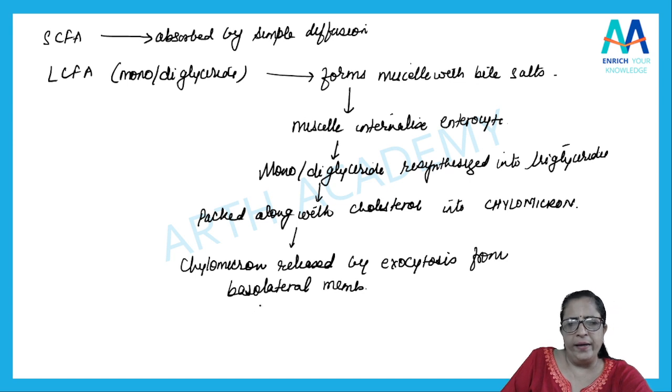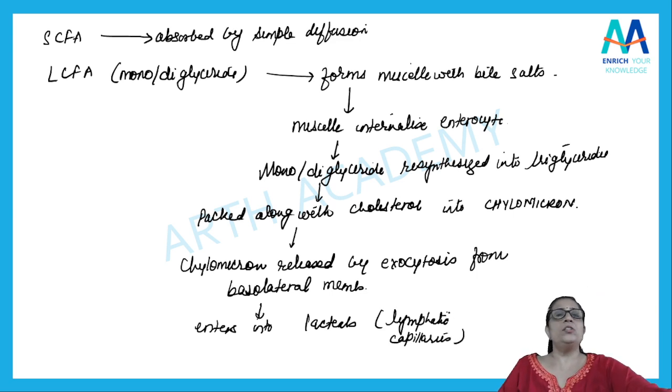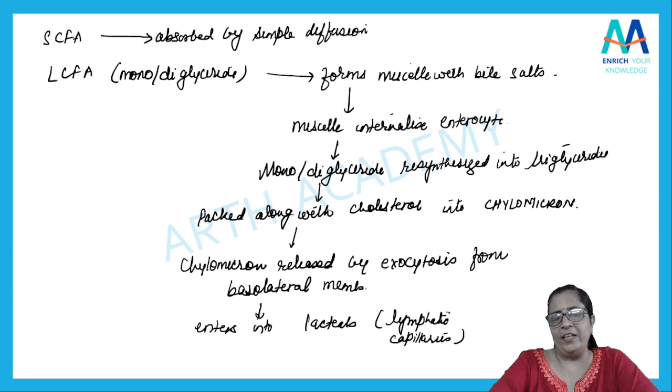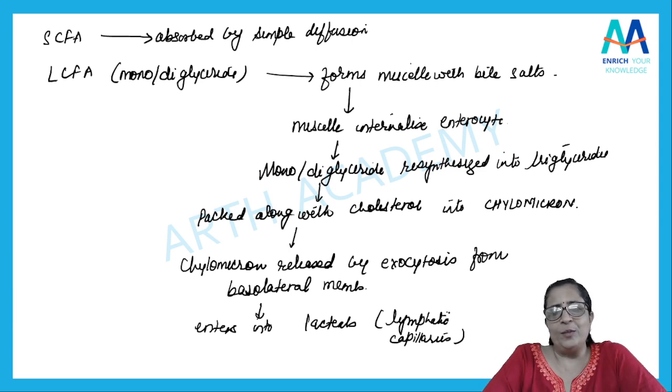And then it will enter into the lacteals, or you can say lymphatic capillaries. I hope this is clear. So this was the absorption of fatty acids, or this was absorption of lipids, we can say. यहाँ तक समझ में आया?